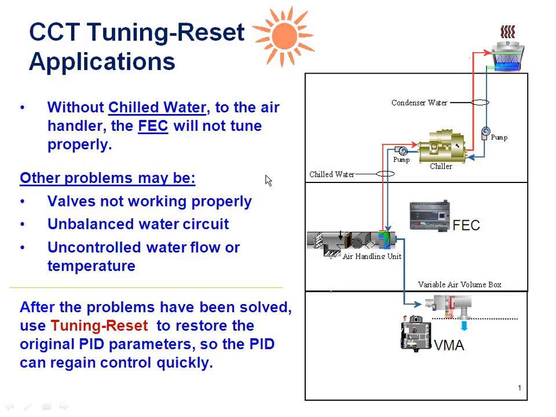Here is a slide that shows various applications of when the tuning reset could be applied. An example here would be if the chilled water to the air handler, which the FEC is controlling, is not available, then the FEC will not tune properly.